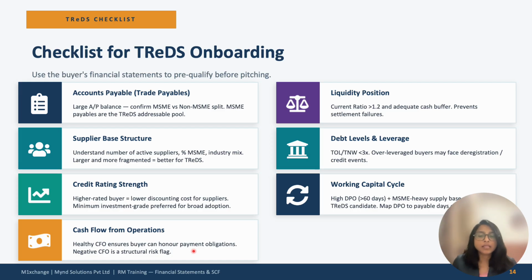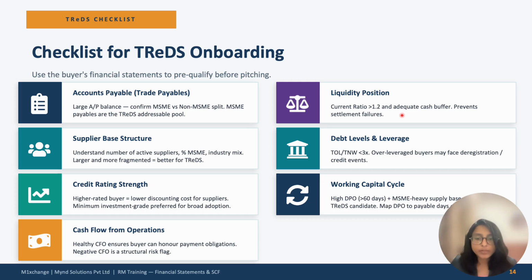So while the company comes on the TReDS platform, the financier gives discounting to the MSME suppliers, but when it comes to repaying the discounted amount to the financiers, the company might not be able to, because the cash flow from operations is negative, and that is a red flag. It might not be able to honor its repayments, right?